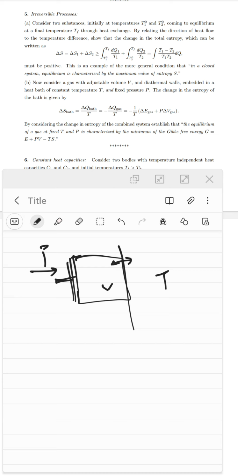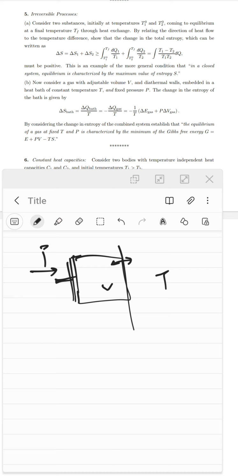Yes, because P delta V is the work done, so we can certainly do that. The heat given to the gas is just Q gas. So you can certainly write this. Right, so minus P delta V is the work done on the gas by the atmosphere. Fine.